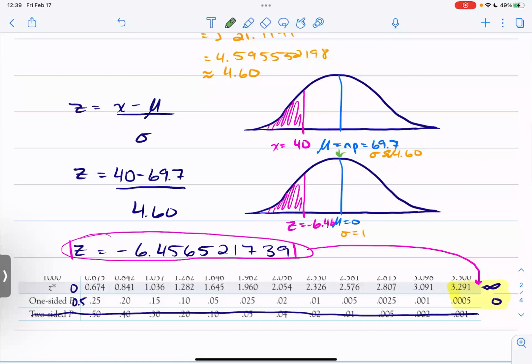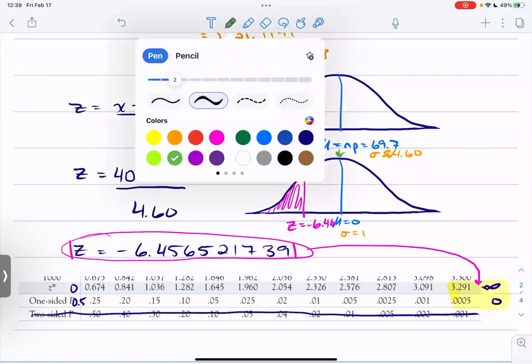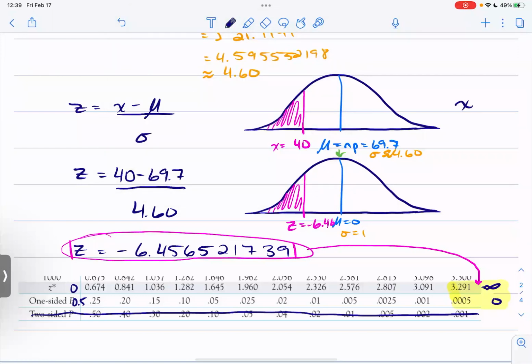We just kind of took it and put it on a standard scale, right? But the area under the curve is still 1. The area that we're interested in, proportionately, is going to be the same. And so that's why you need to use this gateway drug of Z. It's always going to go from an X to a Z to a probability.